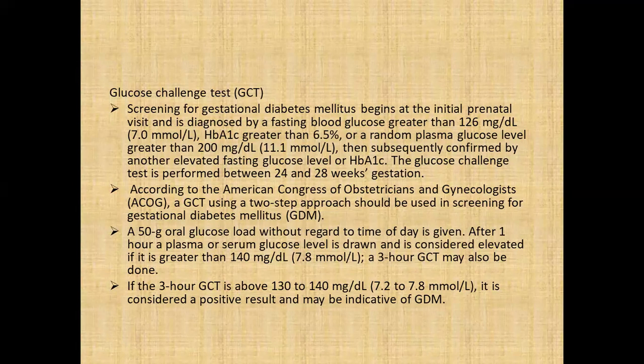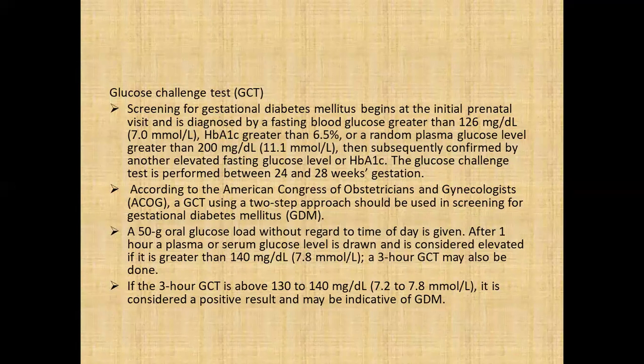The person will be made to fast for at least 8 hours. After 8 hours, the person is given about 100 grams of glucose load and asked to wait for 3 hours. After 3 hours, we test the blood again.